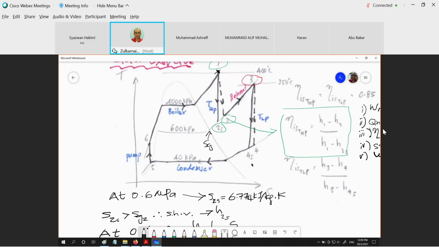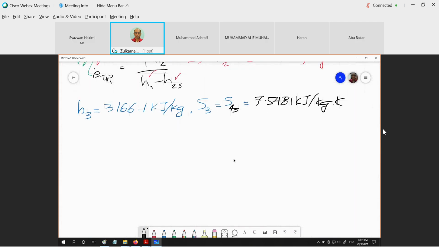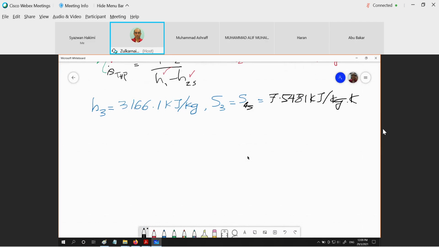That's why we need the S4S, which is equal to S3. So now we are going to look at the condenser pressure, which is at 40 kPa. Where does this S4S fall, in what state? We have the value, now we want to know the state.